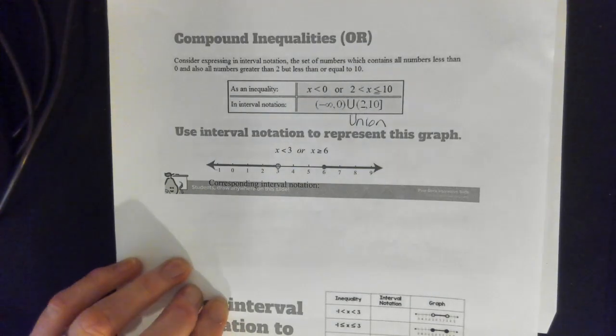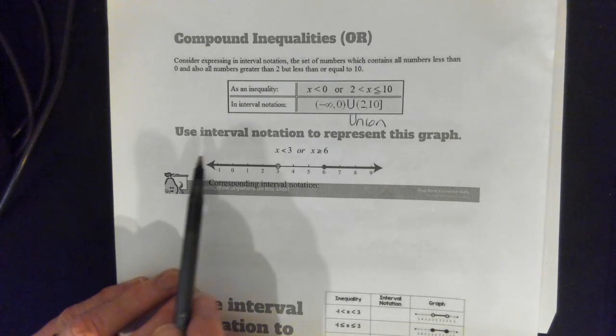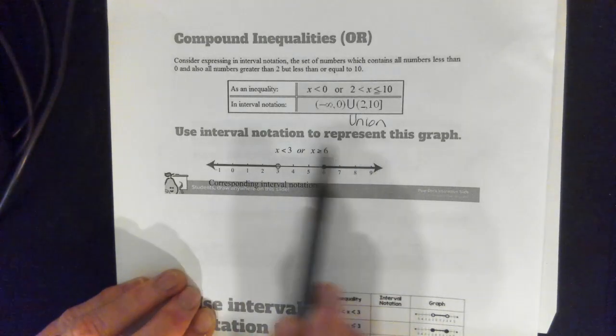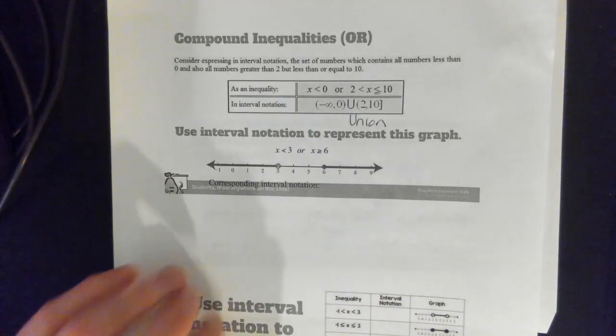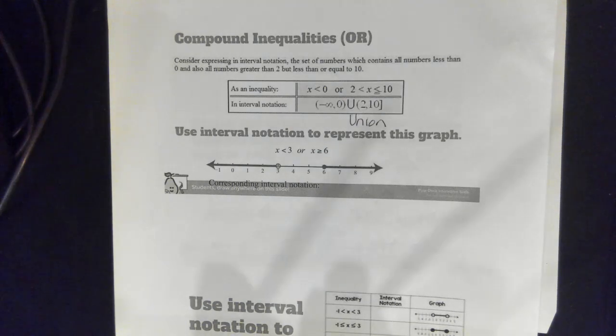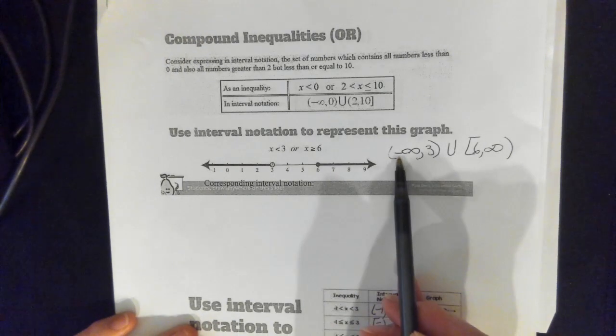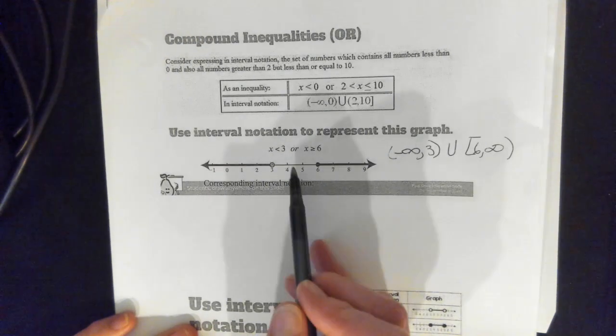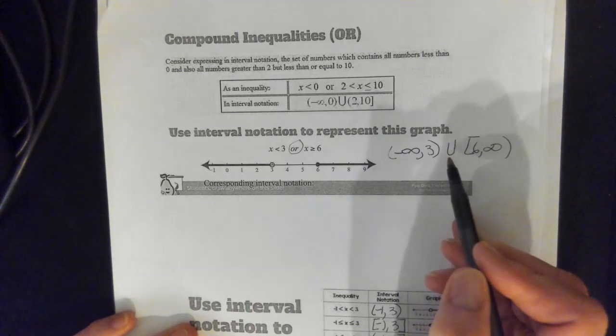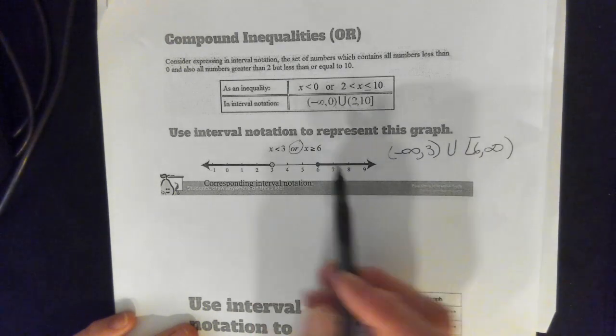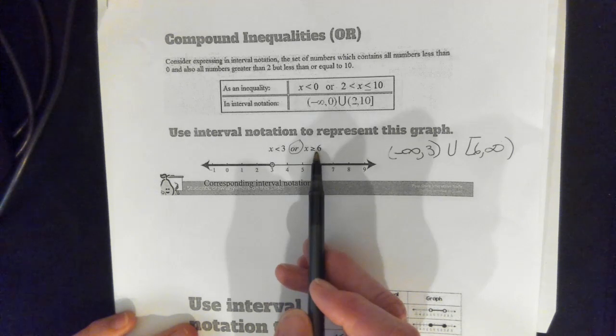Go ahead and stop the video and see how you would do this particular one. Okay, what you should have had is, this is going to the left, so negative infinity, comma 3. The or tells you that you're going to put a U for union, and x is greater than or equal to 6.